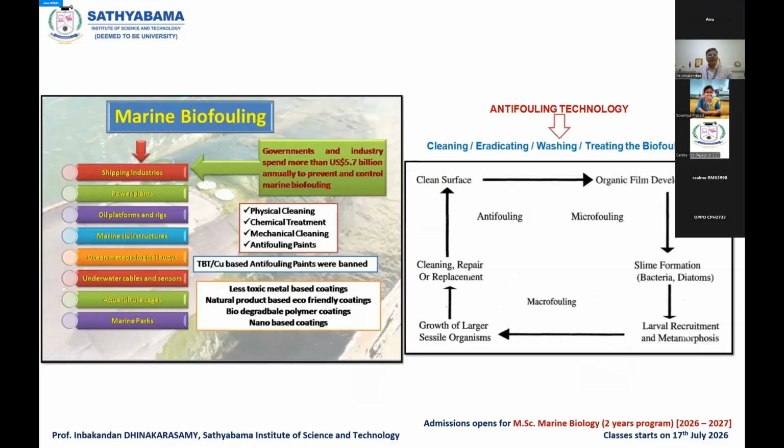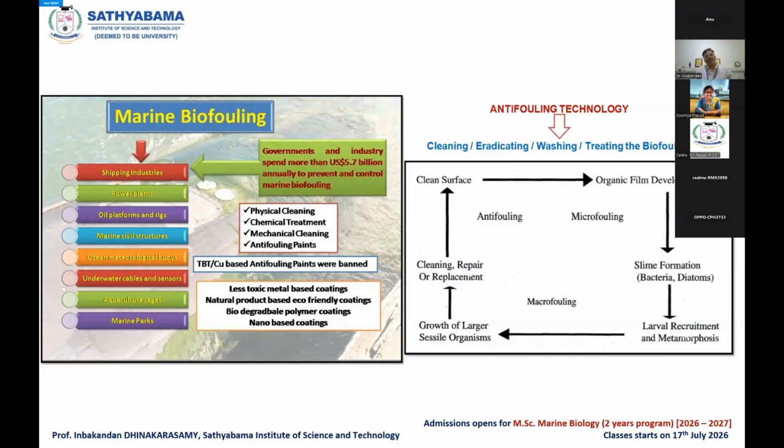And I already said that marine biofouling is the biggest menace, and governments and industries are spending almost 5.7 billion US dollars annually to prevent this fouling process. This is called anti-fouling, and it may be physical cleaning, chemical treatment, mechanical cleaning, and anti-fouling paint-based cleaning.